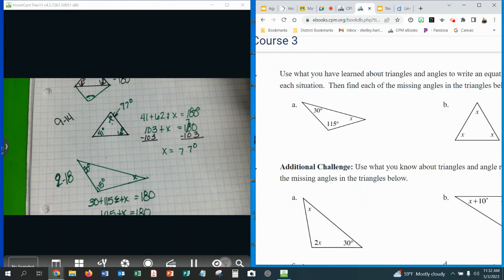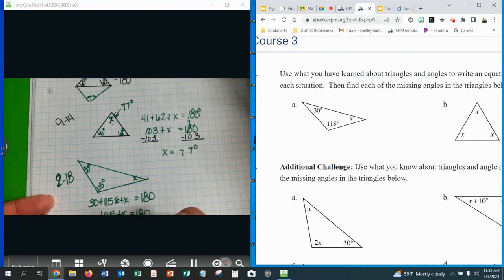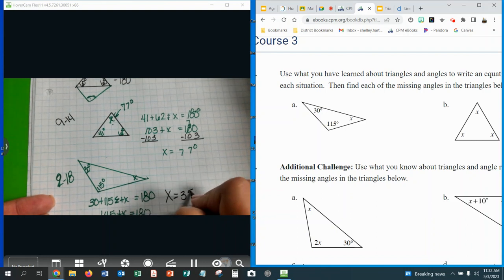Now what am I going to do? Chris, what am I going to do next? I'm going to subtract 145 from both sides. And then we've got x equals 35 degrees.